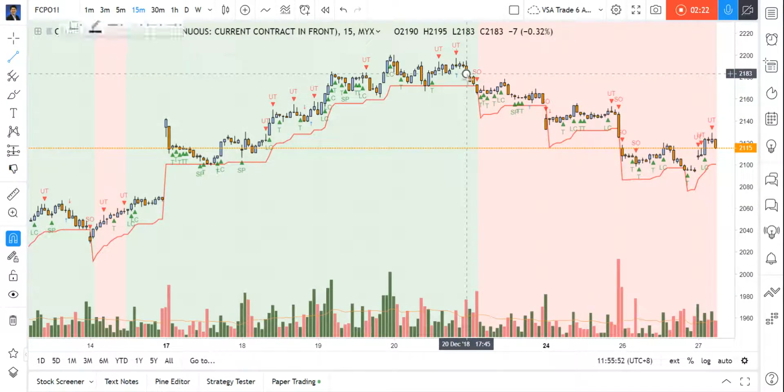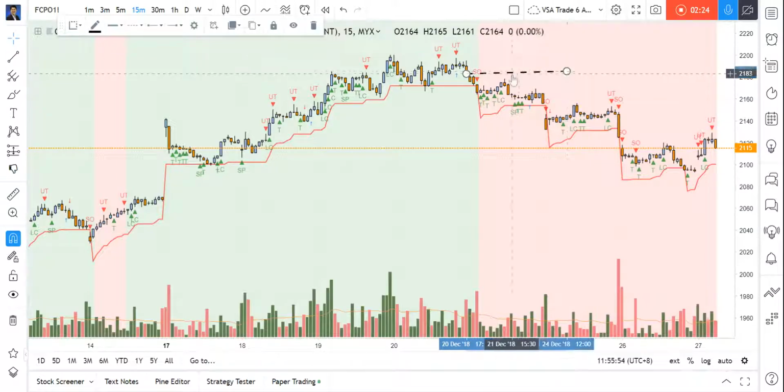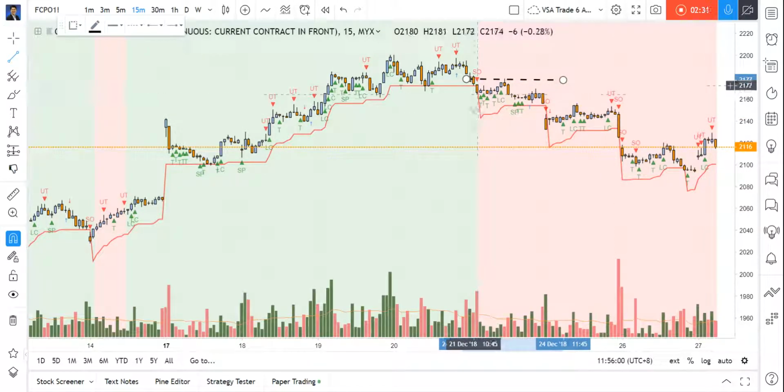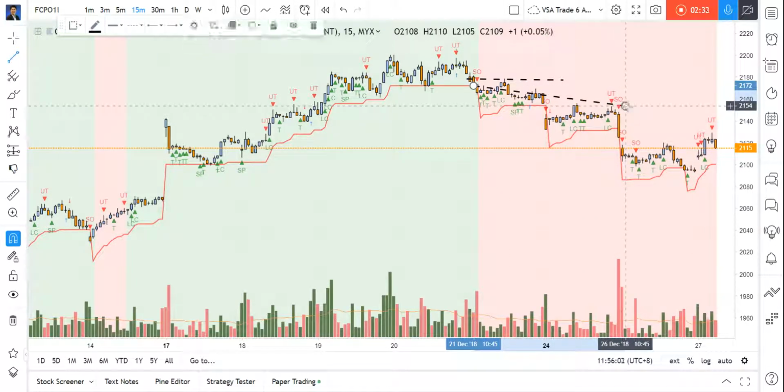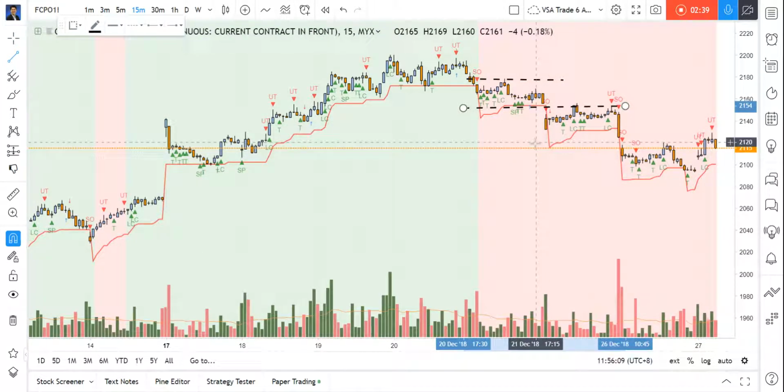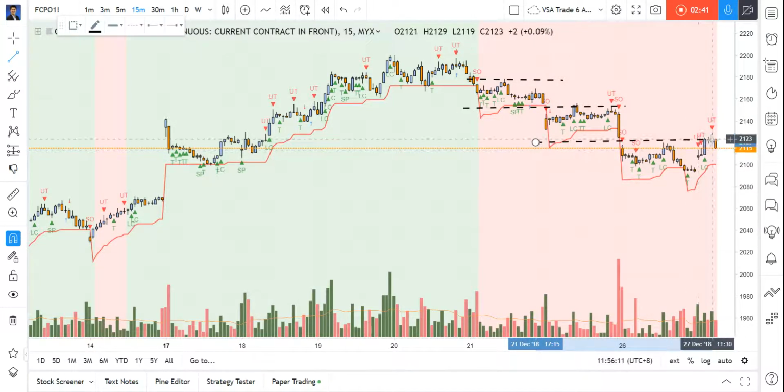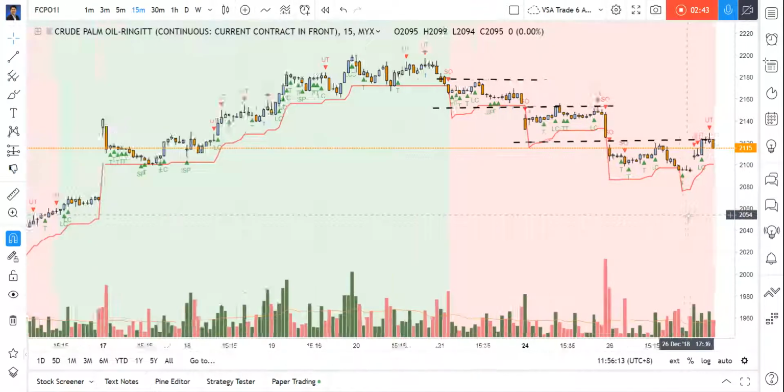You can see we have the first distribution. This is the first redistribution, followed by another redistribution over this area. And now this is the third redistribution area. Let me zoom in.